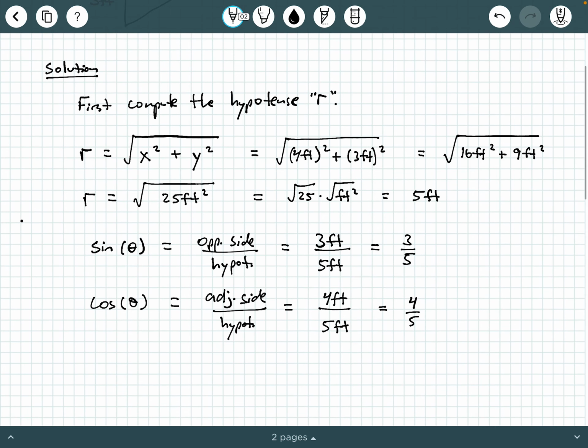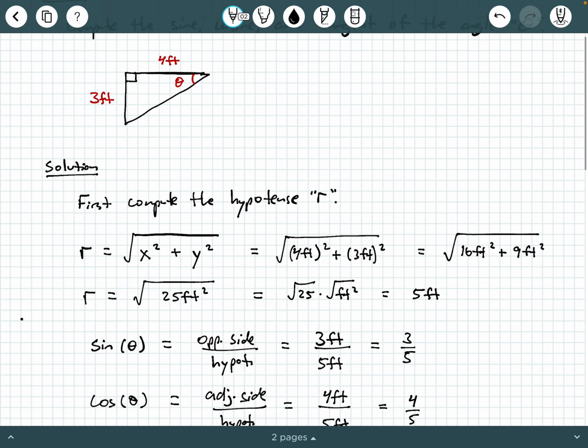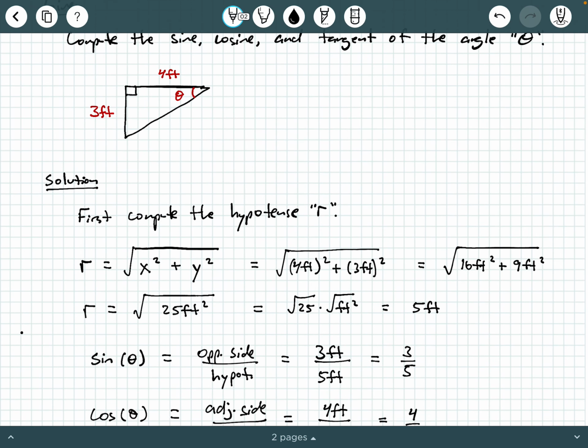And then lastly, we're being asked to compute the tangent of angle theta, which is defined as the opposite side divided by the adjacent side of the right triangle in question, referencing the angle that we're interested in. So looking back at angle theta, what is the side opposite of theta?